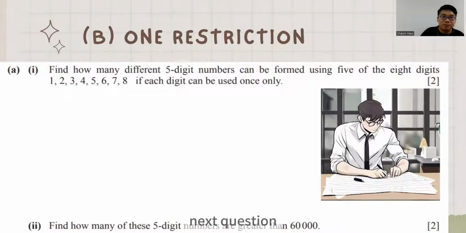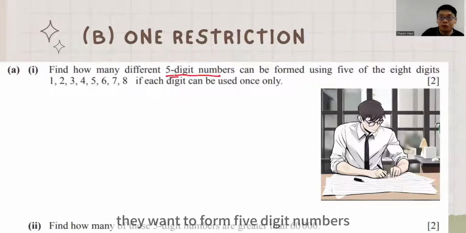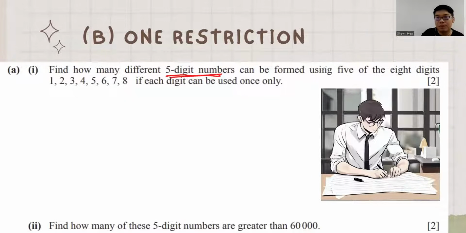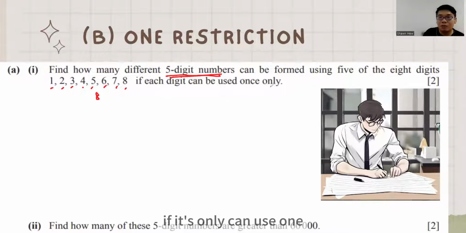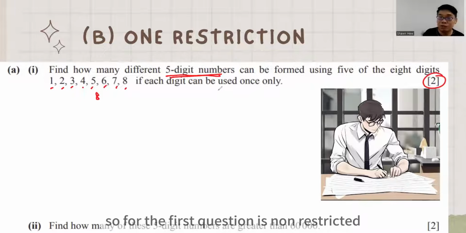Next question. They want to form 5-digit numbers from 1, 2, 3, 4, 5, 6, 7, 8. They let you choose from these 8 numbers. If it can only be used once, the first question is the non-restricted situation that we did before. So we go to the next question.